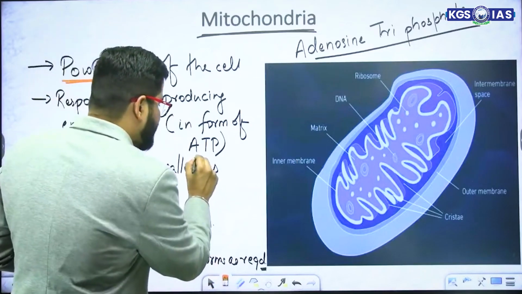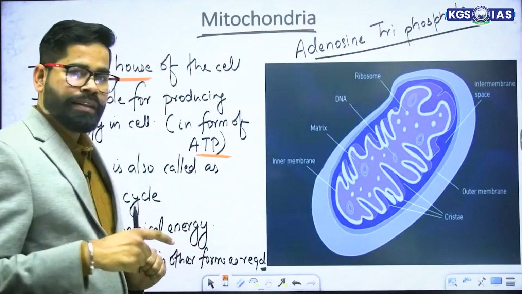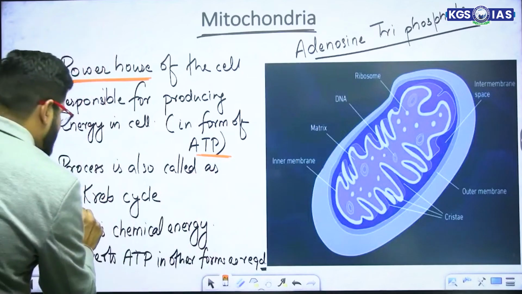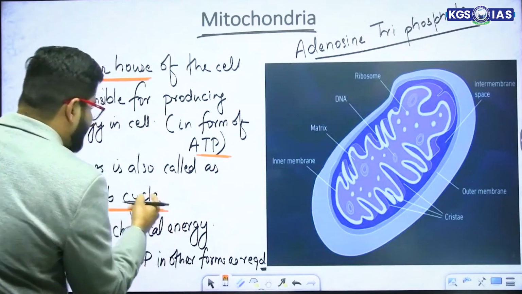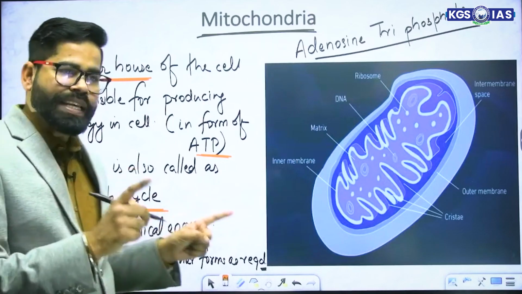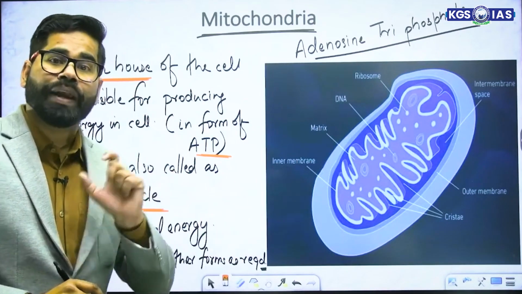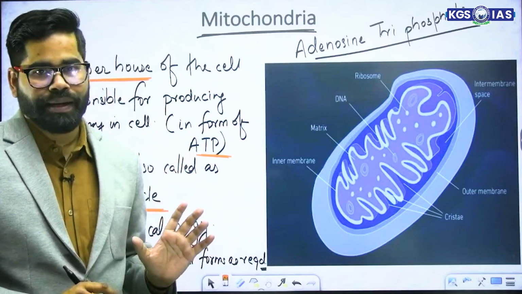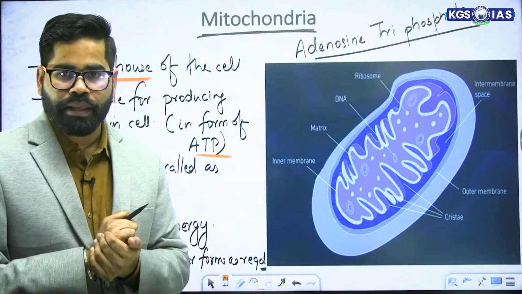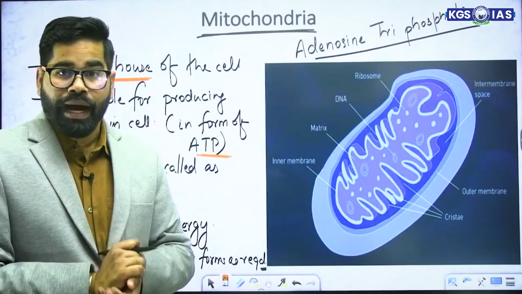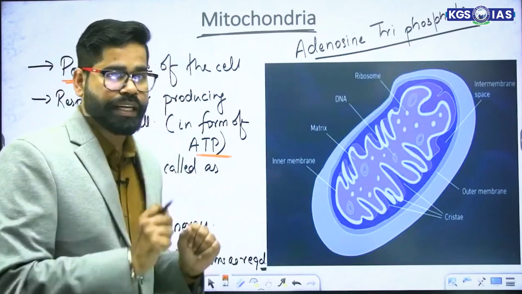That form is ATP. The next thing they can ask is what the Krebs cycle is and where we get it. Krebs cycle takes place inside the mitochondria, where we have this release of ATP. They can ask one more dimension, which we are going to study here.